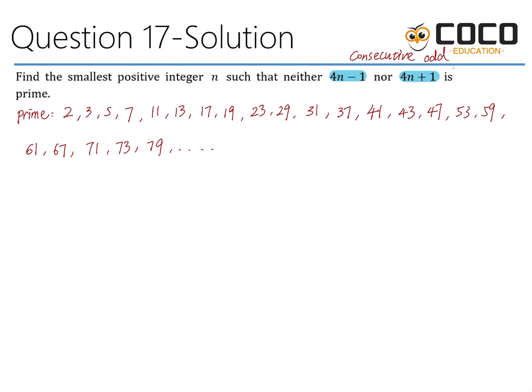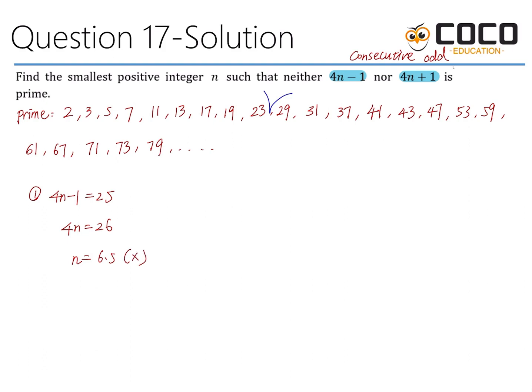The first time we have two consecutive numbers that are not prime is between 23 and 29. So we have the numbers 25 and 27. So let's try 4n minus 1 equals 25. So 4n is 26, and n is not a whole number, n is 6.5.